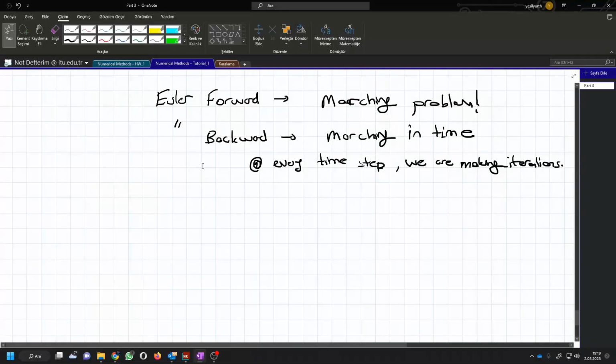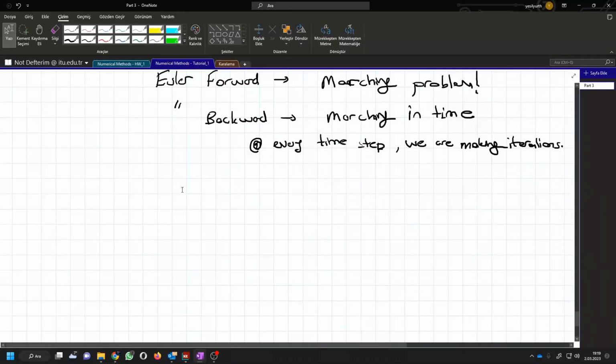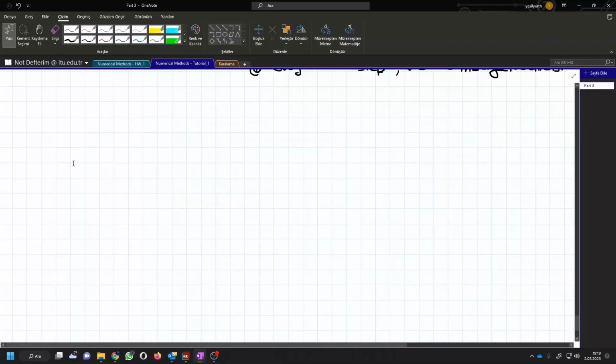Okay. Now we can make a simple comparison between Euler backward and forward formula. I will write this for you here.